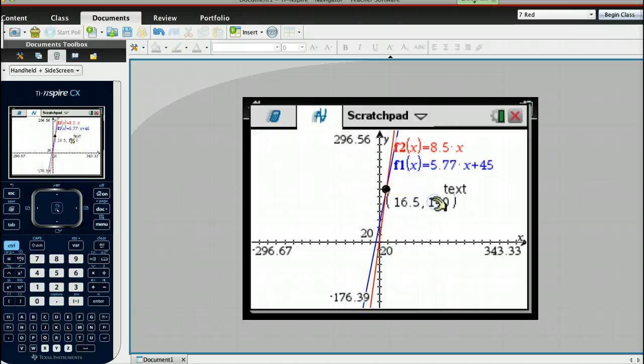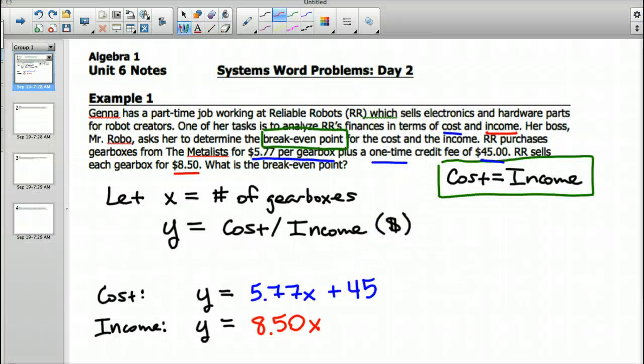And it looks like my intersection point is at 16.5, 140. Okay, so for this problem, since your intersection point is 16.5, 140, that means that X is equal to 16.5.